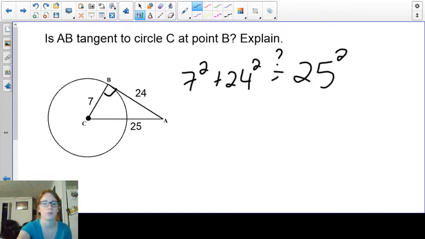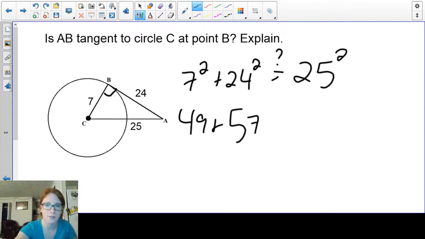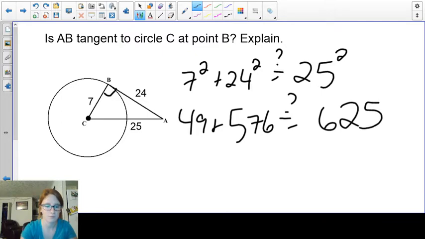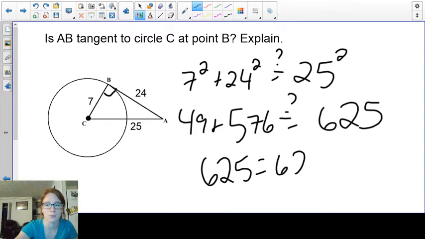Okay, so I get 49 plus 24 squared, 576. Is 49 plus 576 equal to 625? Yeah, I get 625. So 625 is equal to 625. So yes, it is tangent.